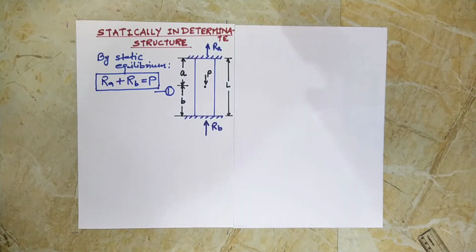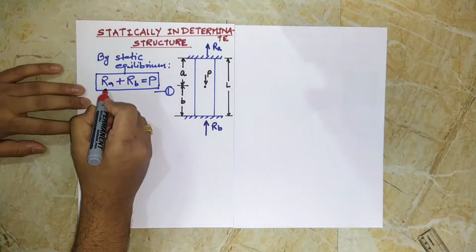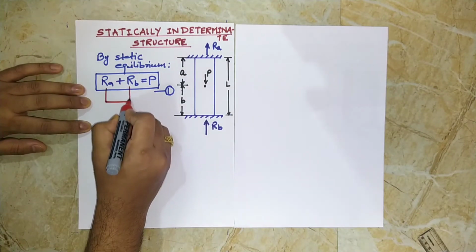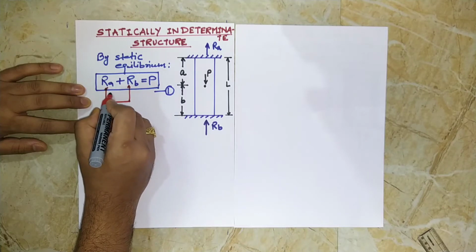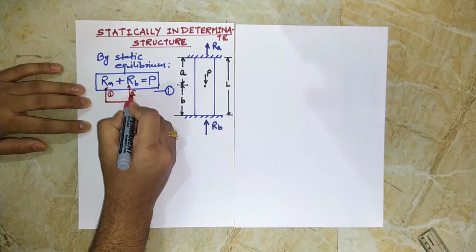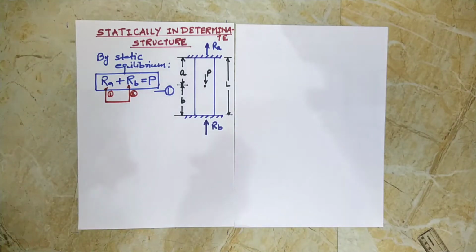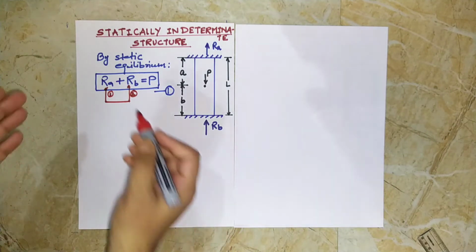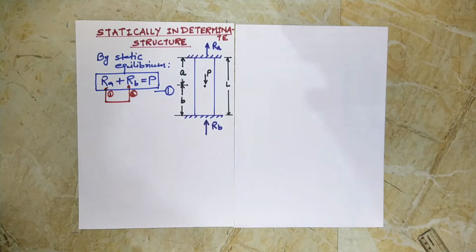Here we analyze and see that we have two reactions to find: the first one is RA and the second one is RB. We have two reactions to find, but only one equation of static equilibrium. So what shall we do now?